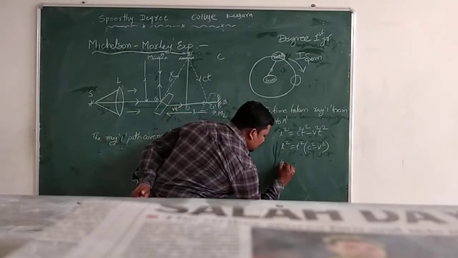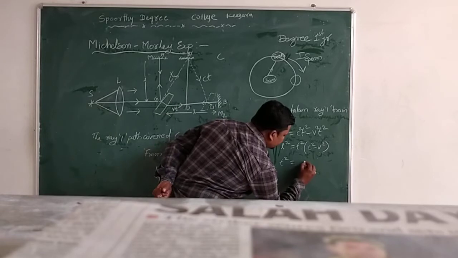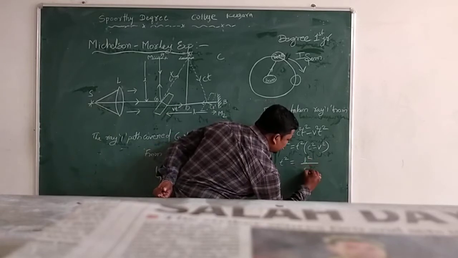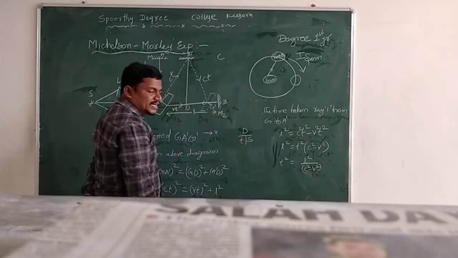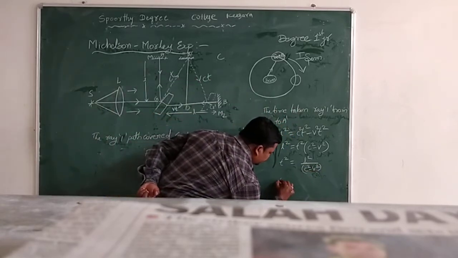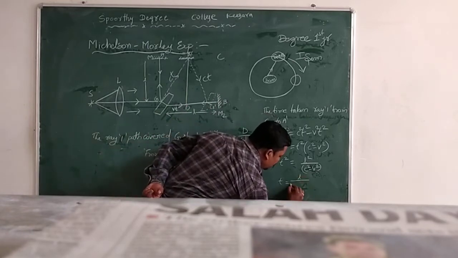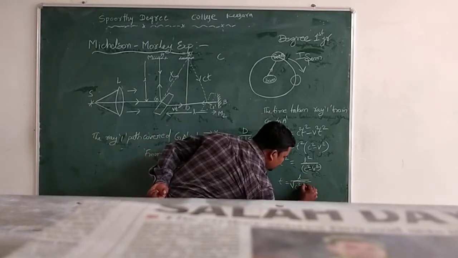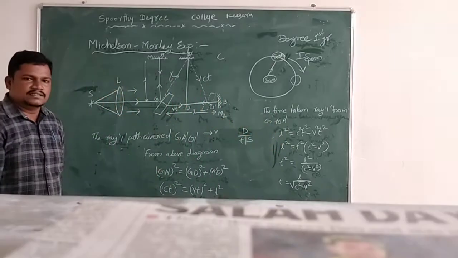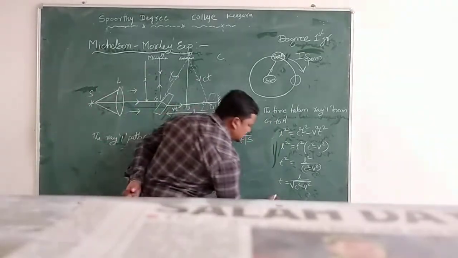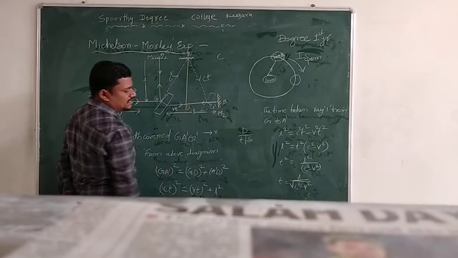Then the T square value, the time taken, is L square by C square minus V square. Then T is L by under root of C square minus V square. This is the time for G A dash D.